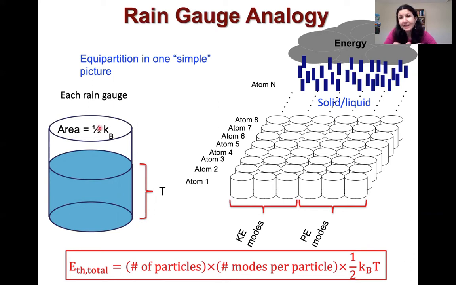The size of the bucket stays the same, but what's different, depending on how much energy you have added, is how much water each bucket gets, or how much energy each mode gets, and that's proportional to the temperature. So you could think about temperature as the amount of energy that goes to each one of these different ways that our system can have energy, which we call a mode, or sometimes a degree of freedom.